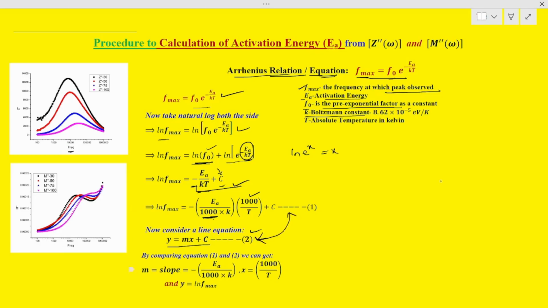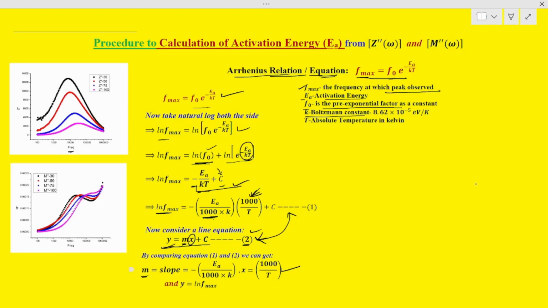What we find here is that m, the slope of the line, is nothing but minus EA by 1000 into K. And the x value in equation number 2 corresponds to 1000 by T in equation number 1, and y is ln F max.